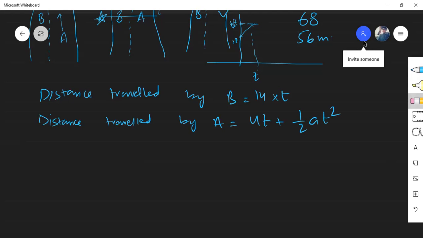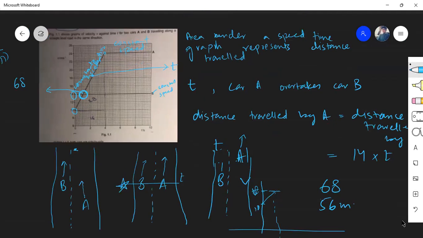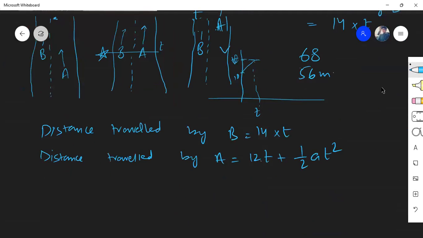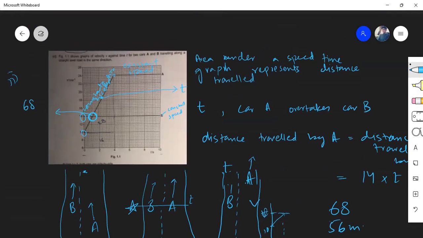Now we know the value of u. We know that the value of u is actually 12 meters per second, if that's the initial speed. It's 10 actually. So it's 10, and the acceleration is actually 5 meters per second squared.